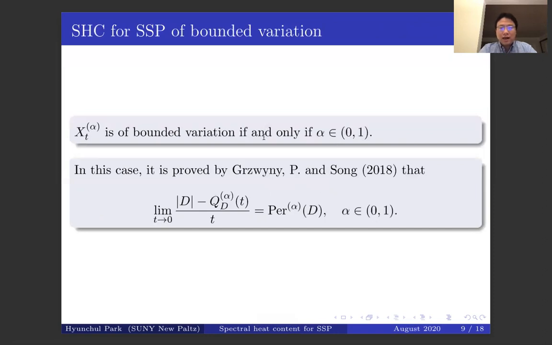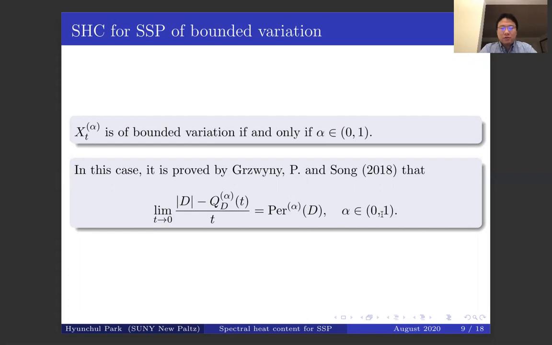And we are interested in high dimension, because we know dimension 1. For high dimension, when alpha is between 0 and 1, the stable process has bounded variation. The sample path has bounded variation, so it can be covered by this result.